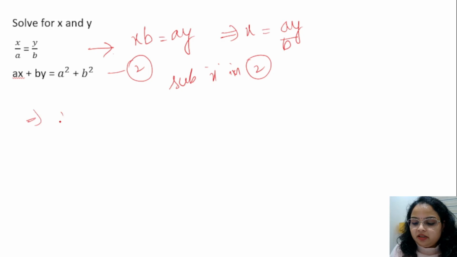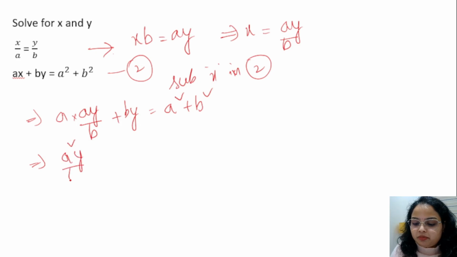So here we will get a into ay by b plus by is equal to a square plus b square. Here we'll get a square y by b plus by is equal to a square plus b square. We'll take LCM.